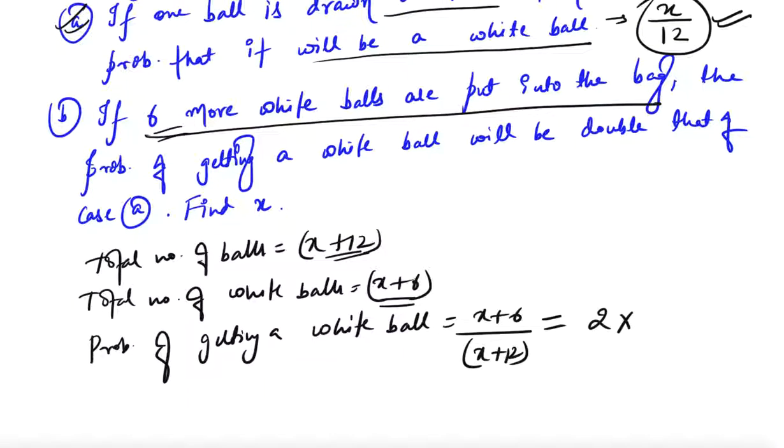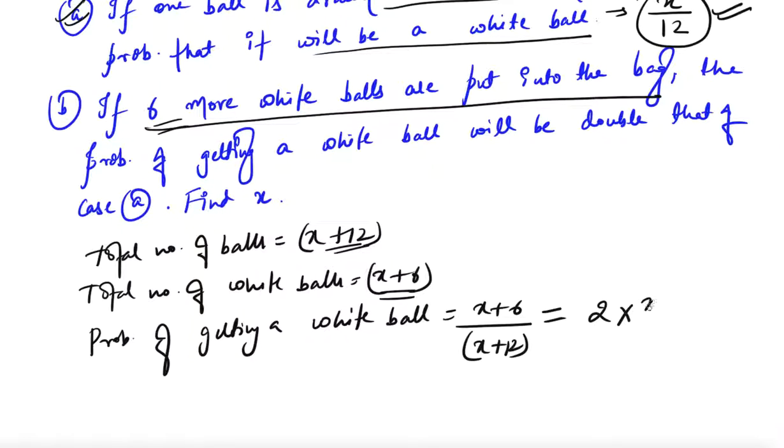What was the probability in case 1? X by 12. So this is our equation. When I solve this, I will get the value of X. This I will leave upon you, because this is the equation that is required, and solving part you can easily do by cross multiplying, and finally you will get your answer.